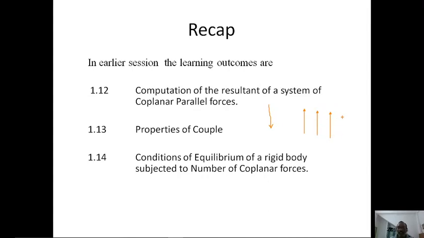If their sense is in opposite direction to each other, then we said it is a coplanar unlike parallel force system, when their direction is opposite in nature but they are parallel to each other.